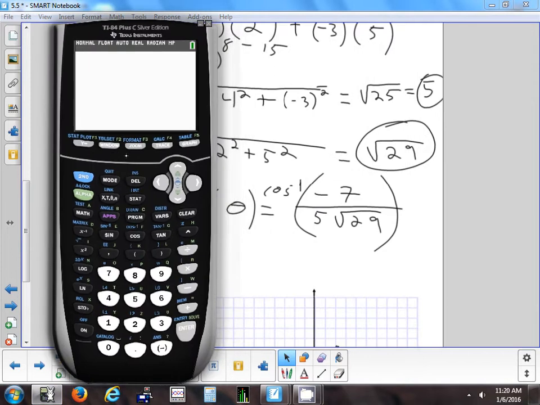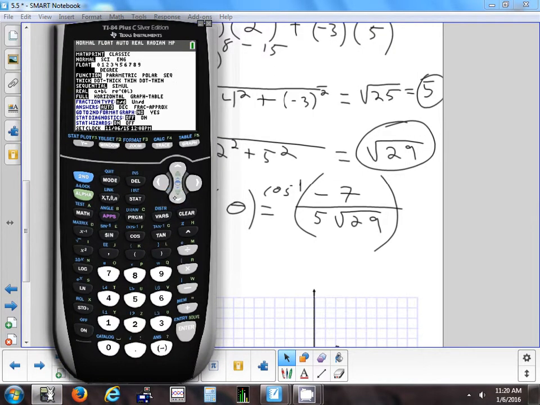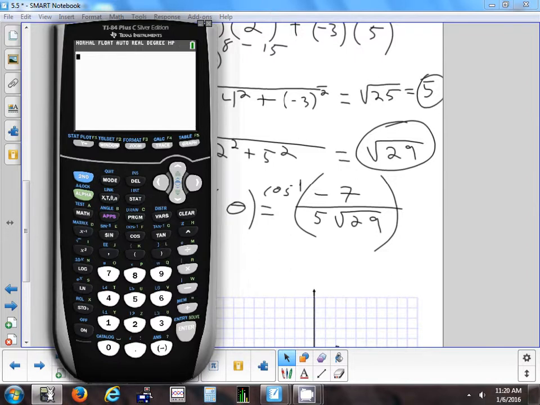Okay, you can do this in radians or degrees. I prefer degrees, so that's how I'm going to do it. Okay, and type in -7 divided by, I'm just going to put it in parentheses so it doesn't mess up, square root of 29.